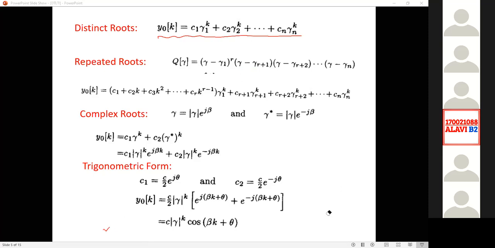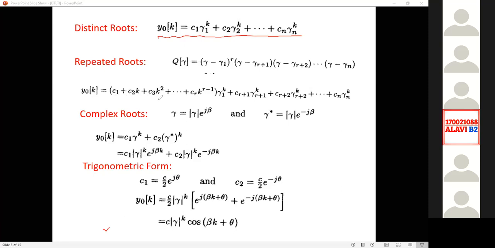So in the same way, if we have our discrete time system characteristic root repeating, say r times, then your solution can be written in this way, okay? Instead of t, our variable is n or k. In this text it is k, but if you go to your other book, it is n, okay?